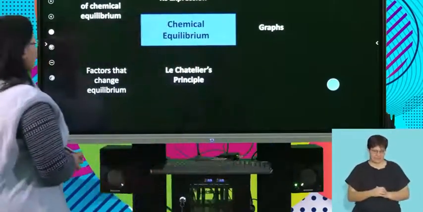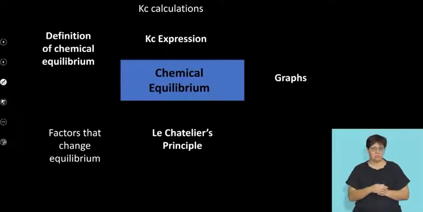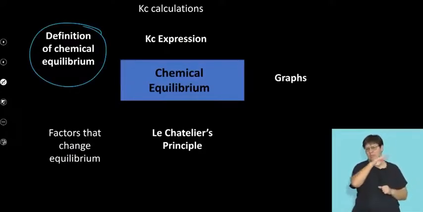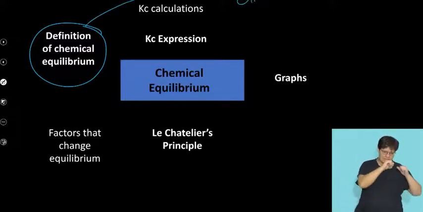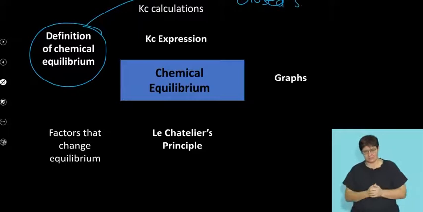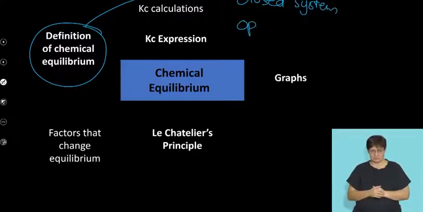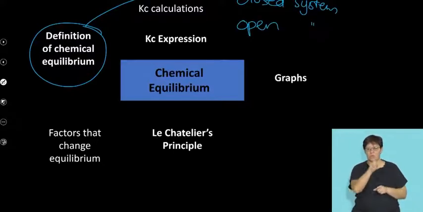The last time that we did chemical equilibrium, we looked at the definition of chemical equilibrium. We unpacked, we spoke a little about closed system, open system. We looked at reversible reactions, and we also looked at the definition of chemical equilibrium.